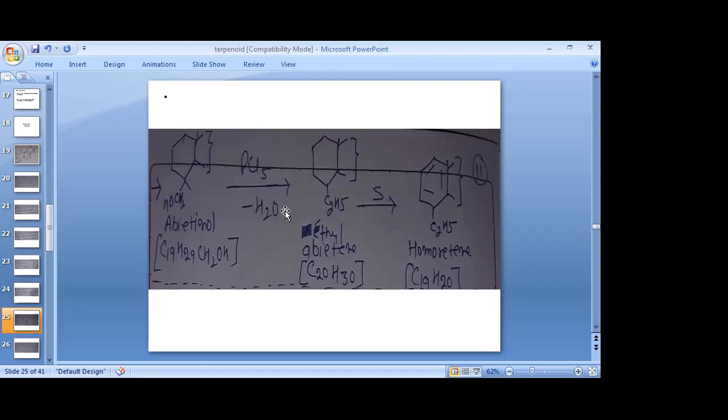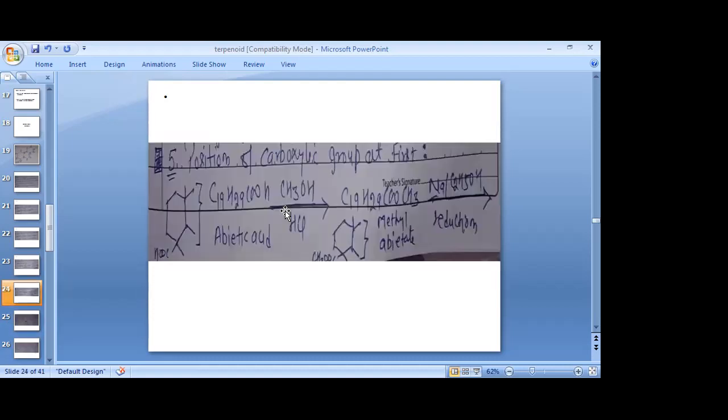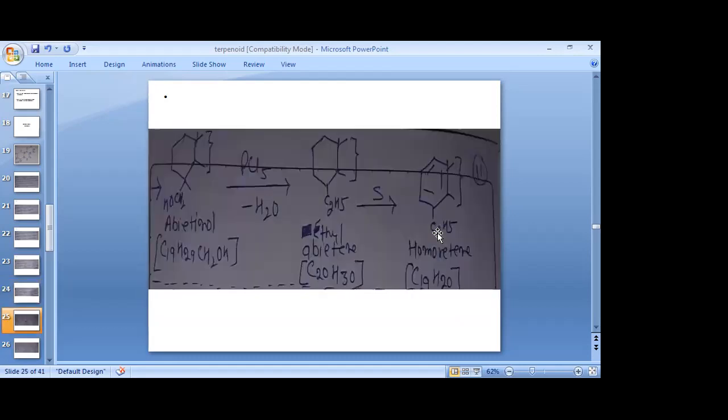First step: abietic acid converts, after esterification, into methyl abietate. After reduction it converts into abietinol. Then it reacts with PCl5, a water molecule is removed, and it converts into ethyl abietine. After that it reacts with sulfur and converts into homoretene, and here C2H5.